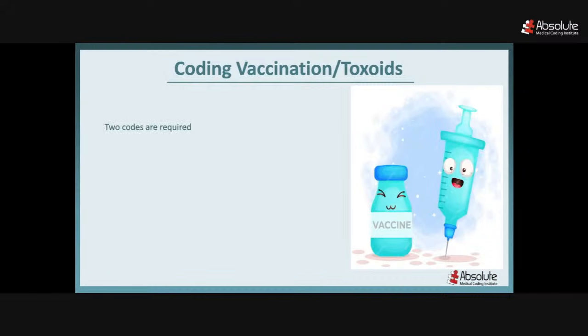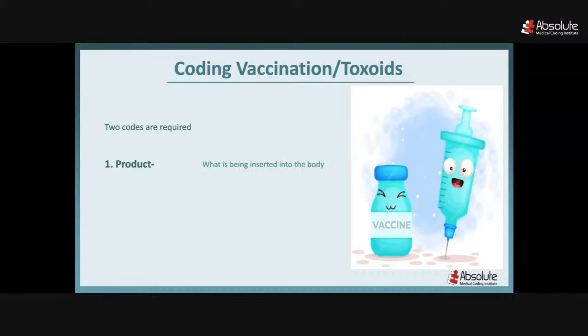Okay, now coders, here is something very, very important to remember when coding for immunization. You always need two codes for every vaccine service. The first one is the product code, and this tells what is being given, the actual vaccine or toxoid that is inserted into the body.